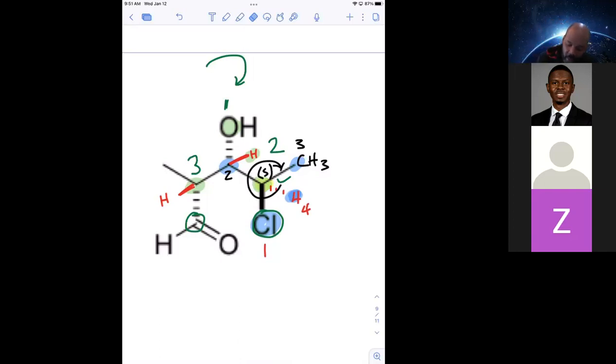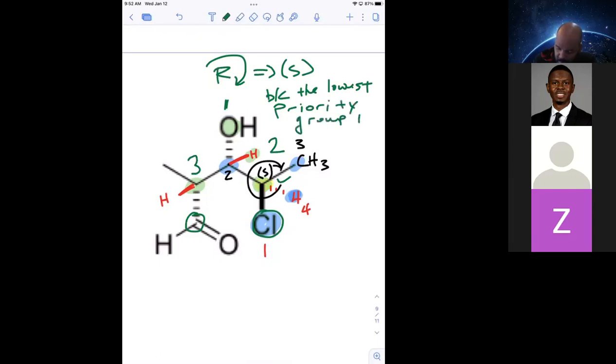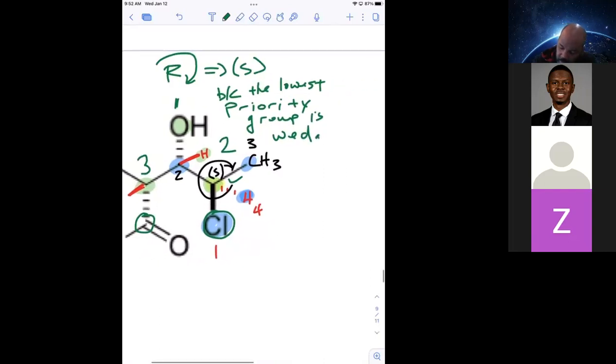So instead of it being R, we're going to call it S because the 4th group is on a wedge. Following? Yes. The lowest priority group is not on a dash. That's just a shortcut that we can use.